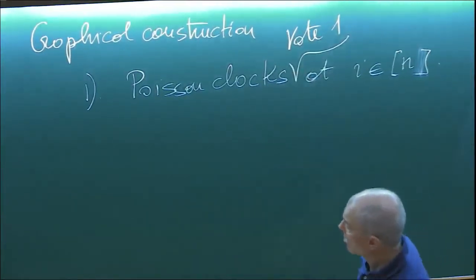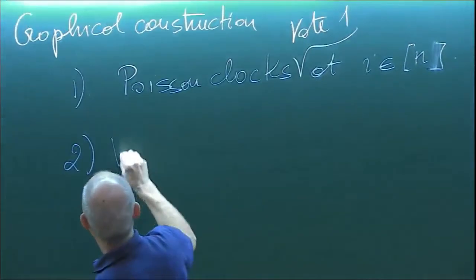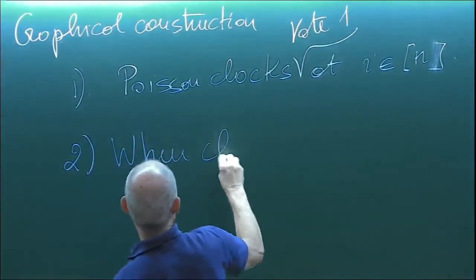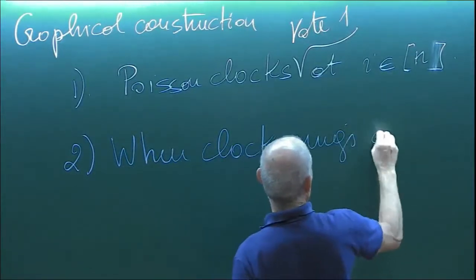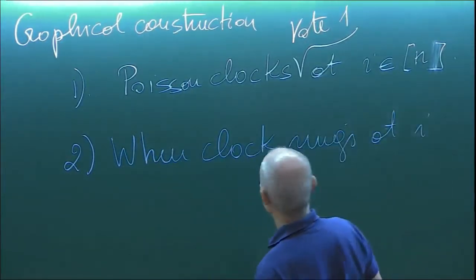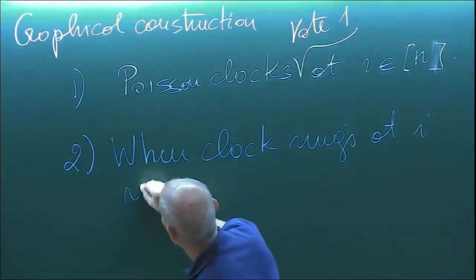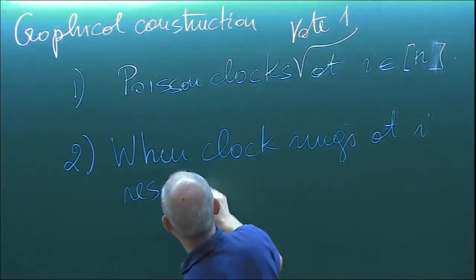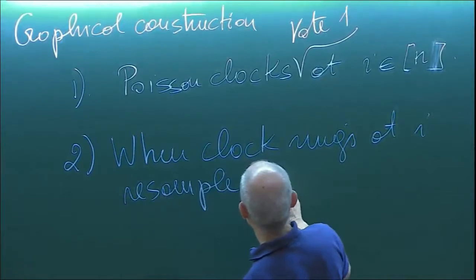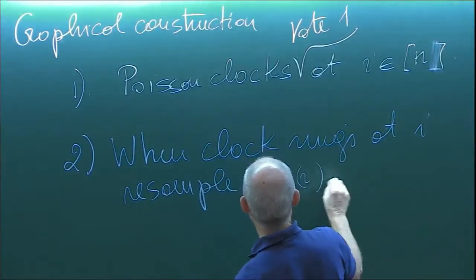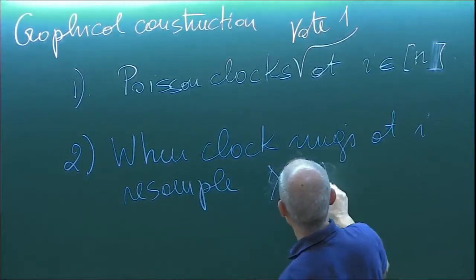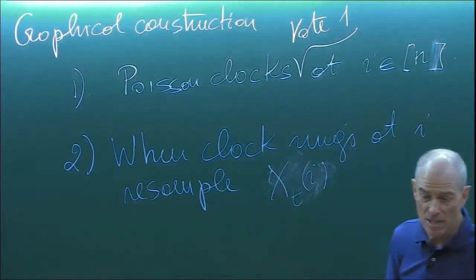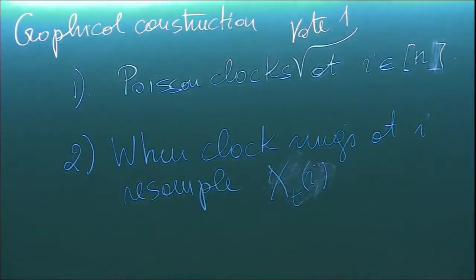When the clock rings at I, resample omega_I, or actually X_t(I), the ith coordinate, from the Bernoulli distribution, okay?